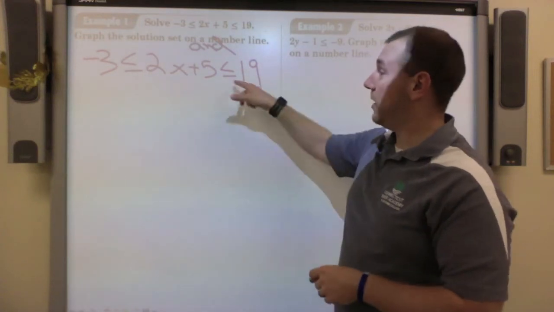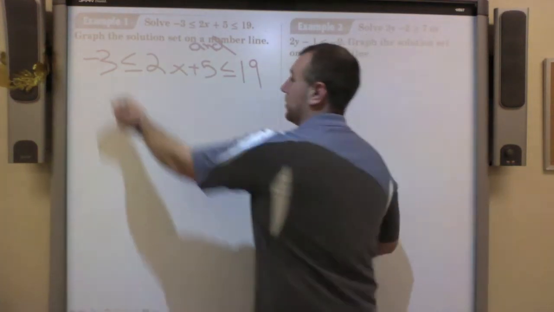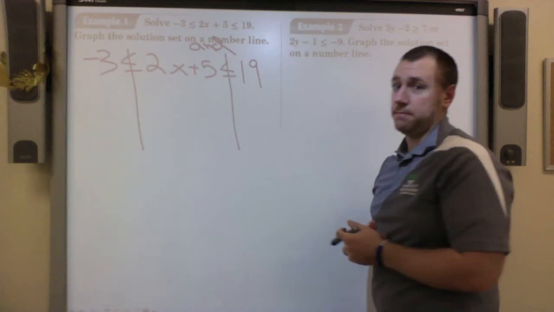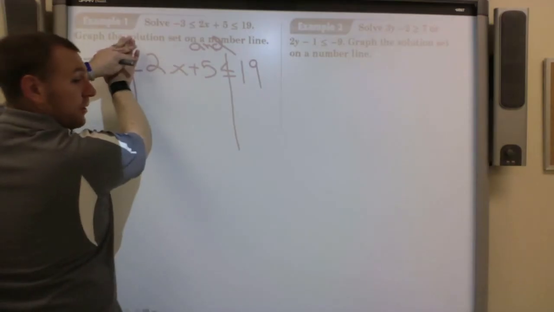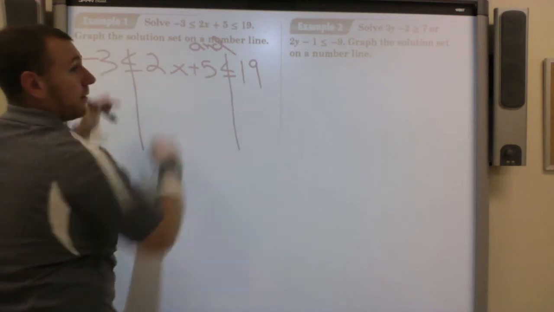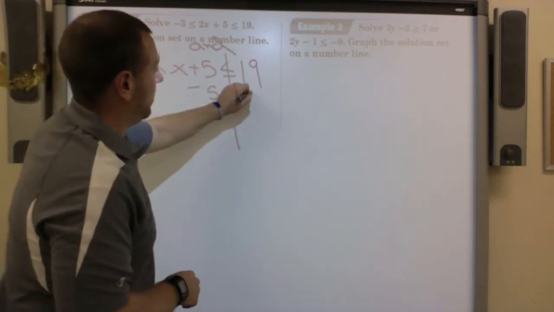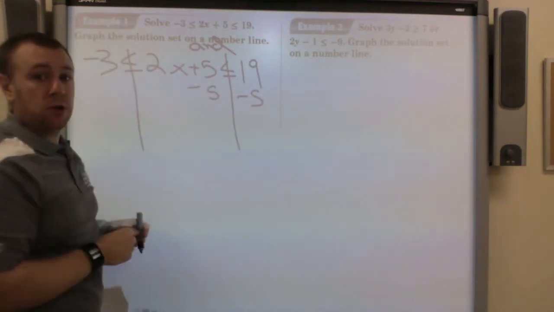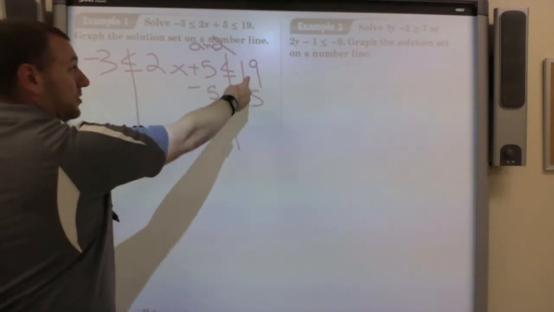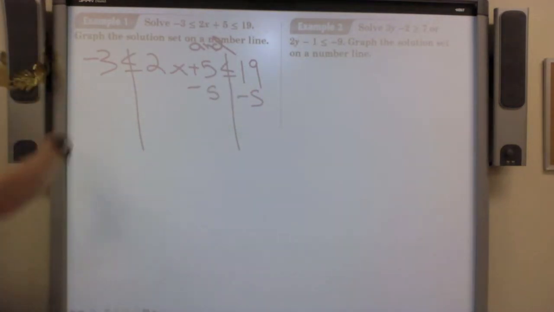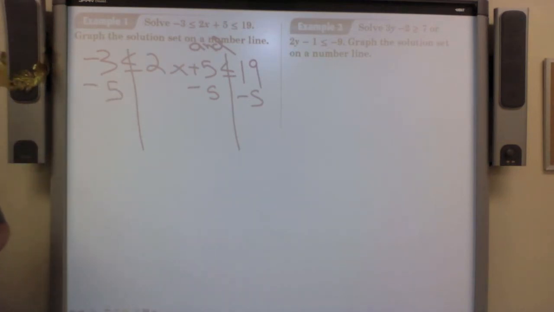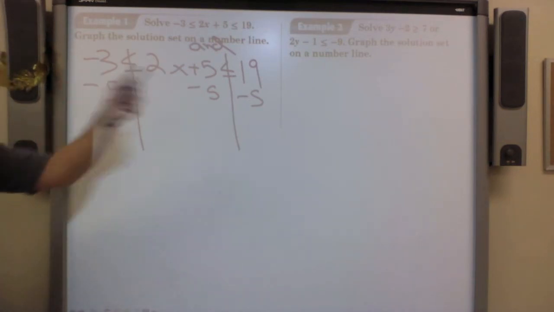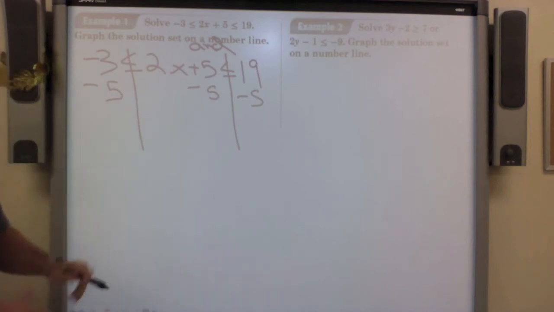Now, treat it just like two equal signs and solve them. So, if I just cover this up, the first thing I would get rid of is this plus 5. Only now, instead of just doing it to the 19, I also do it to the -3.